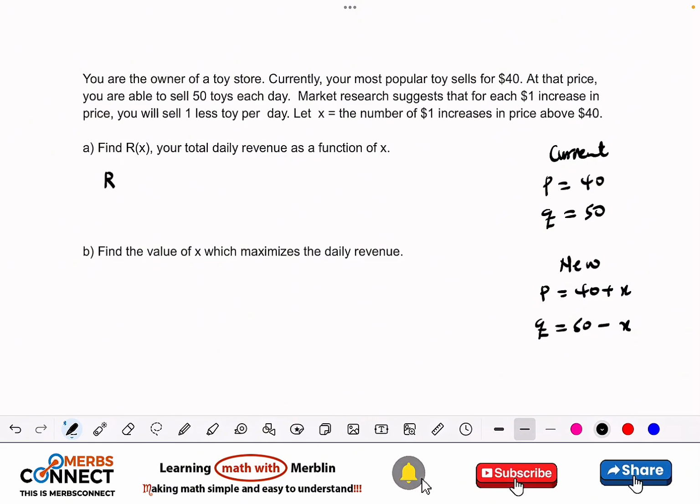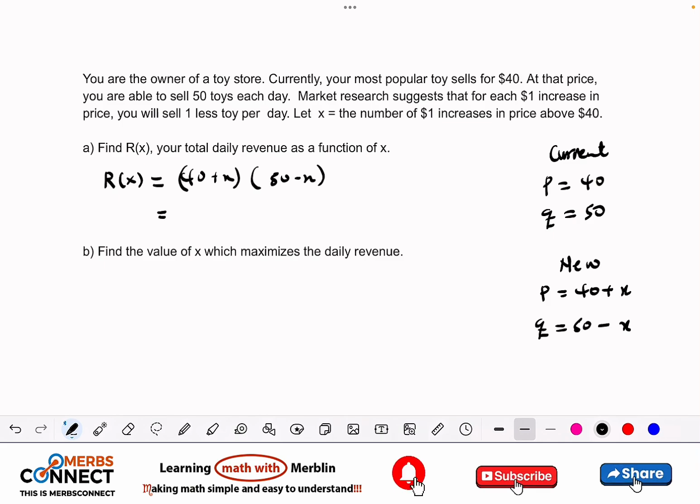So our revenue is going to be the new price per toy times the number of toys sold, right? So that's what you're going to get. So this one will be 40 plus X, and then 50 minus X. So let's try and simplify.